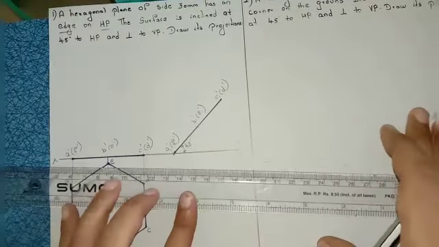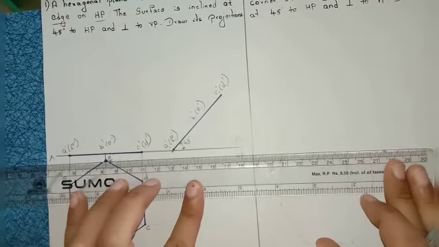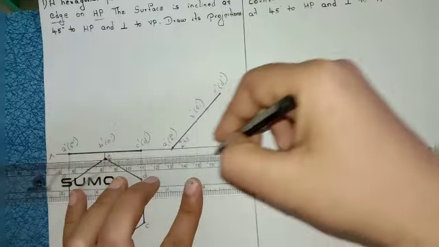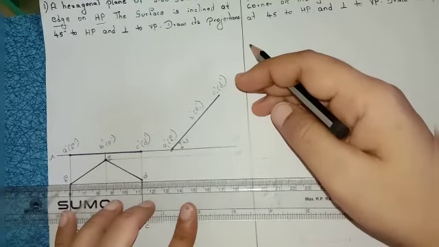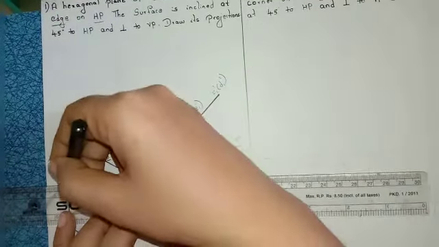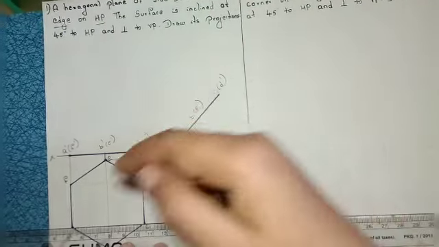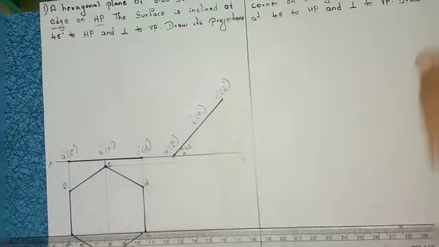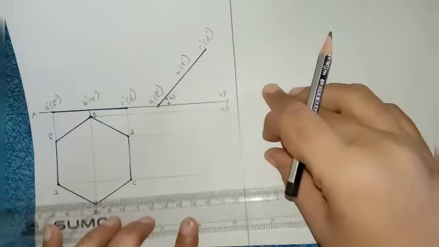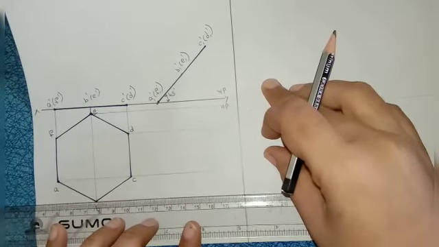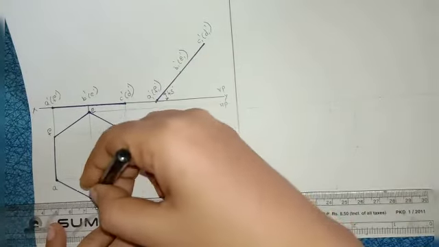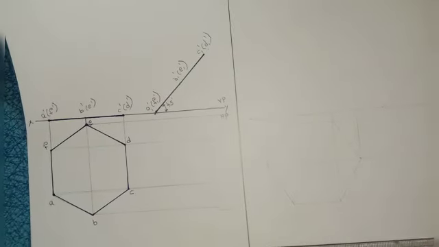Now after this, from corner E, project a line, draw the horizontal line from F and D, project the line. Again from A and C, project the line, draw the horizontal line. Again from here B, draw the horizontal lines.